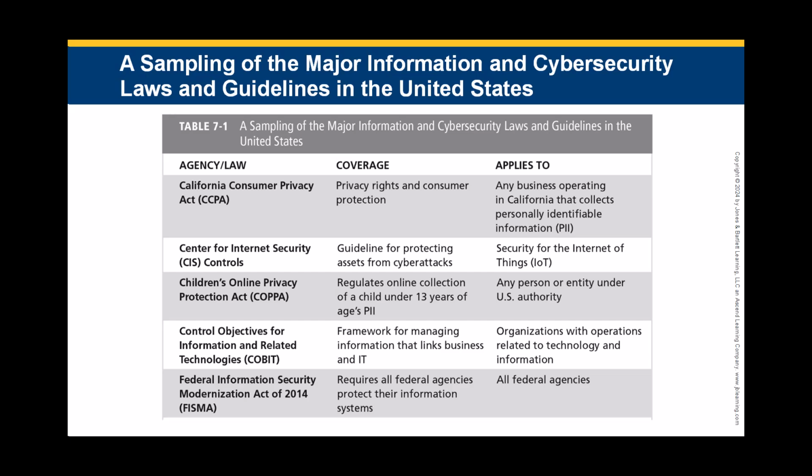For web applications, this affects how user data is collected, stored, shared, and deleted. Features like privacy notices, opt-out mechanisms, and data access requests are not optional. They are legal requirements. Next is the Center for Internet Security, or CIS, controls.